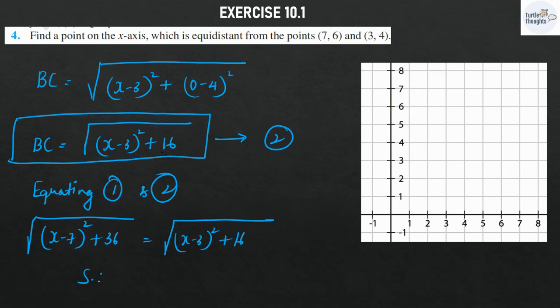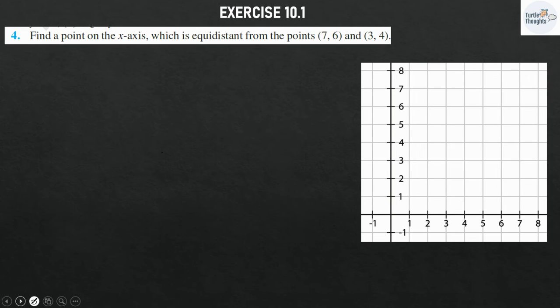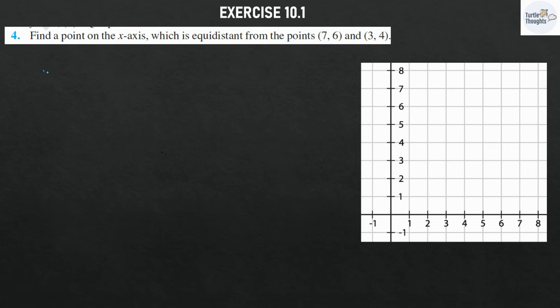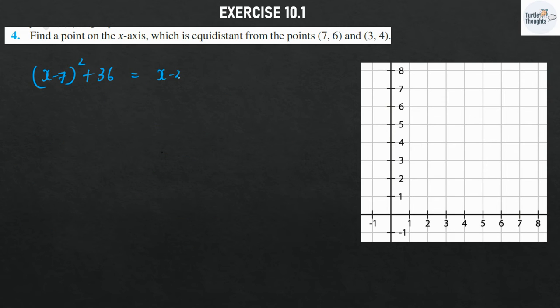Now, squaring on both the sides, I can cancel out the square roots. Upon solving the brackets, I will be getting (x minus 7) whole square plus 36 on the LHS, and on the RHS it will be (x minus 3) whole square plus 16.